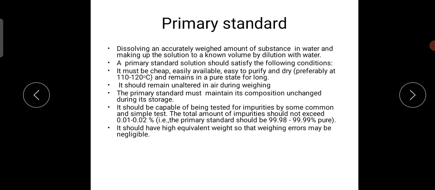While checking impurities, the total impurities should not exceed 0.01 to 0.02 percent. That means it should be 99.98 or 99.99 percent pure, and there should be a high equivalent weight for the primary standard, so we can avoid errors.